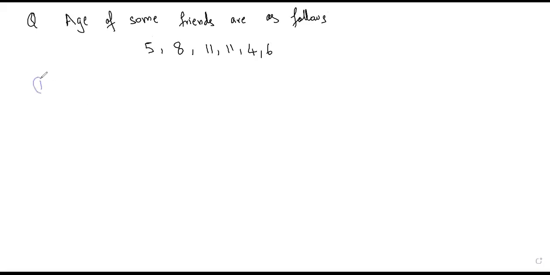This time I would want you guys to help me with the answers. What is the mode? You need to type it. Then the median, then the mean, and then the range.